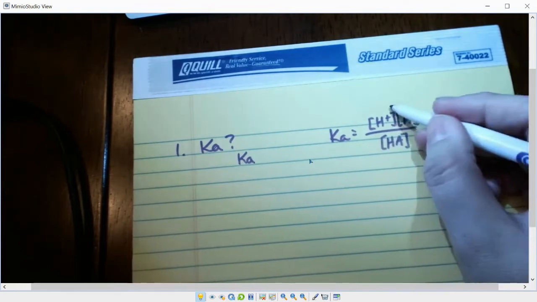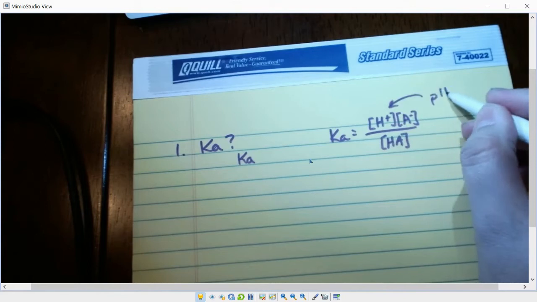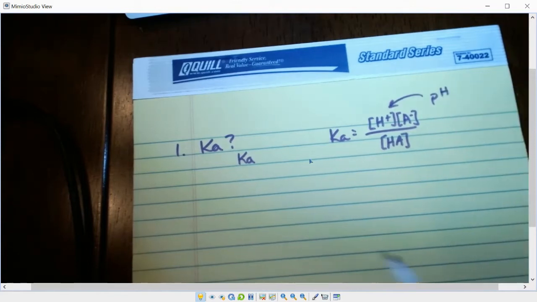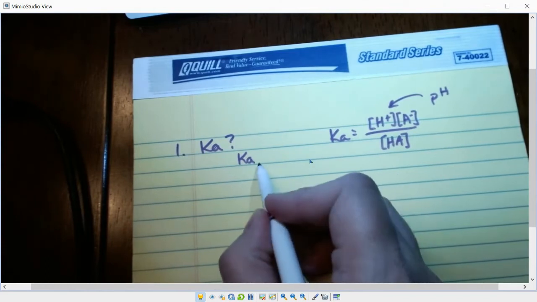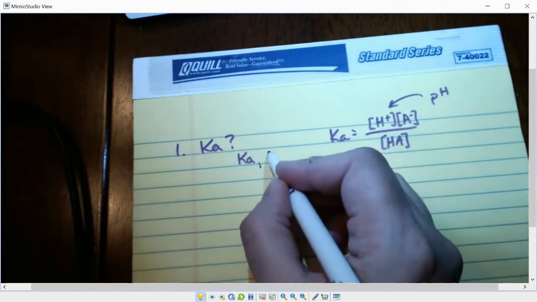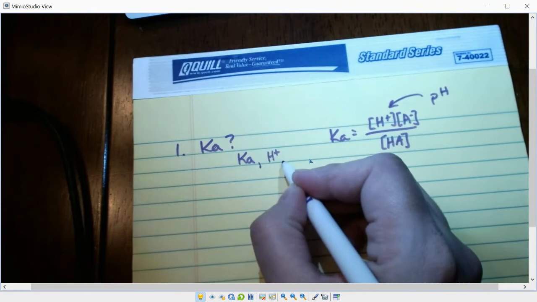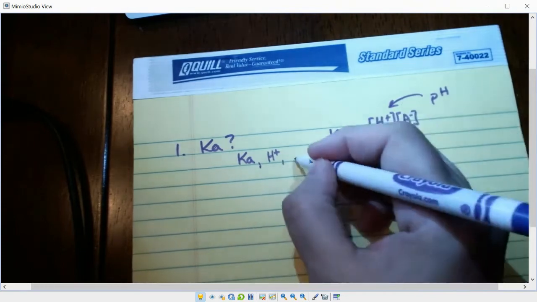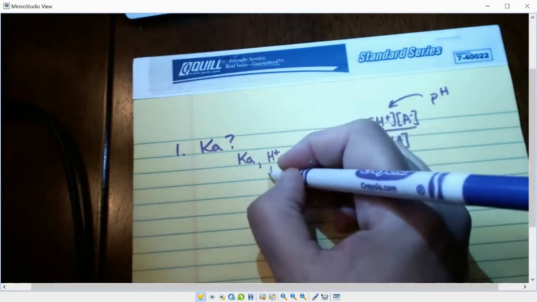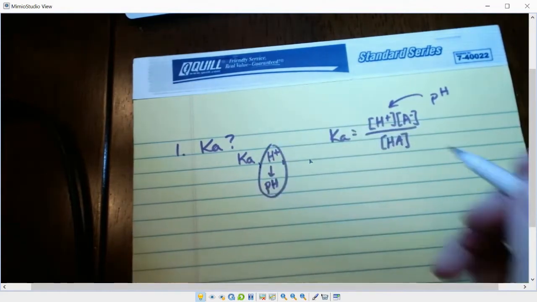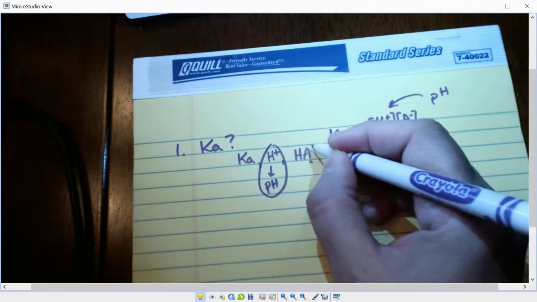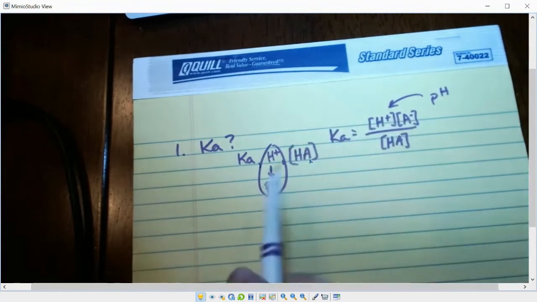And if we know H plus, then we can find pH. So essentially the three variables that we could potentially have here are going to be Ka, H plus or pH, I suppose. So those kind of go hand in hand, because if you know one, you can find the other, and or HA concentration. So as long as you know two of those things, you can find the other.